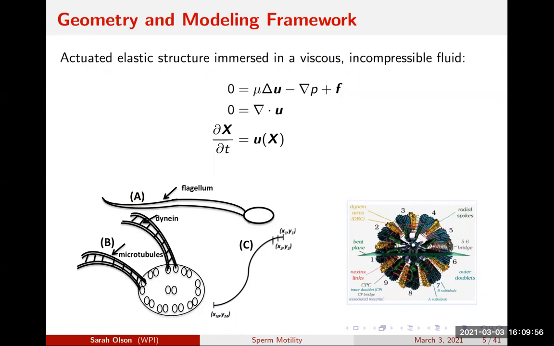Then we think about this actuated elastic structure, whether it's a rod or a center line or a filament, immersed in a viscous incompressible fluid. So we have an immersed boundary type approach, and the fluid feels the swimmer through a forcing term. And we think of our structure, let's call it big X, as moving at the local fluid velocity.